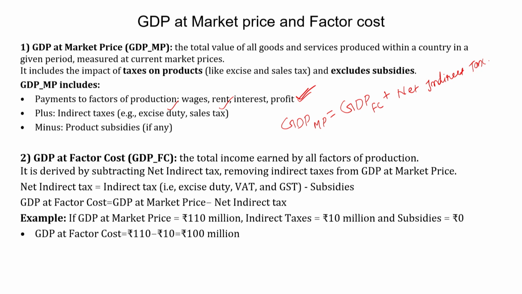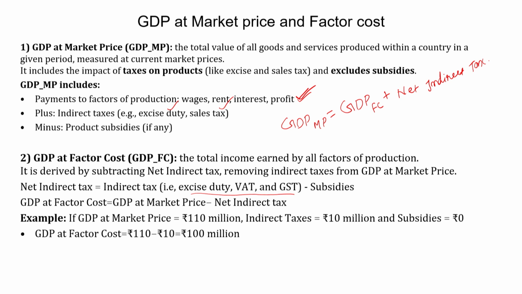In order to get the income received by the factors of production, we need to subtract net indirect tax from GDP at market price. We already defined net indirect tax as excise duty, VAT, GST minus subsidies.